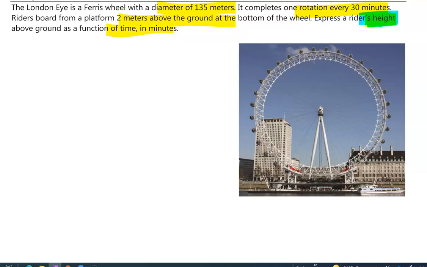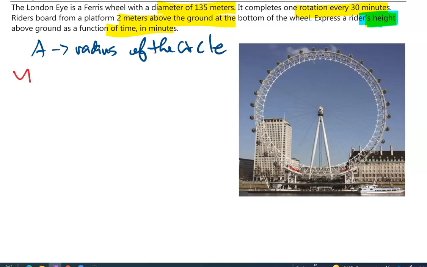So here A is the radius of the circle. So remember, y is equal to a cosine of the general form bx minus c plus d.